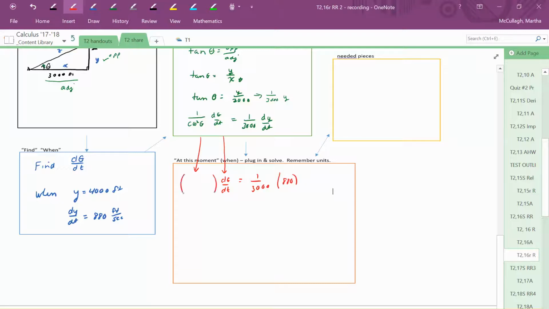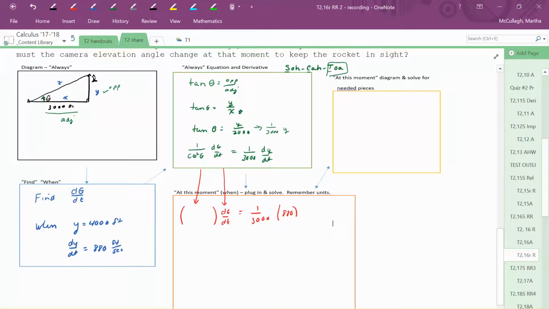So this 1 over cosine squared theta, I need to find it. Well, I'm going to start with trying to find cosine theta. If I look at my triangle again, at this moment in time, this doesn't quite fit in my box, but that's all right. At this moment in time, here's my theta. This is 3,000, and this is 4,000.